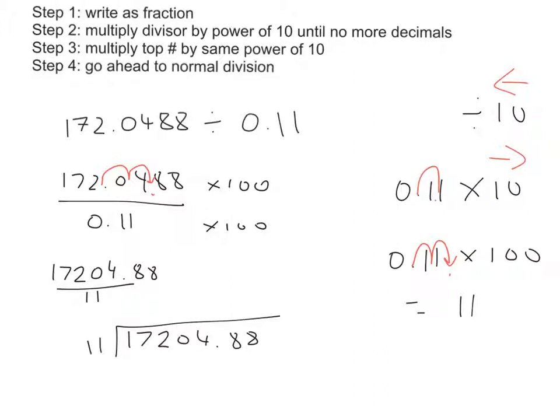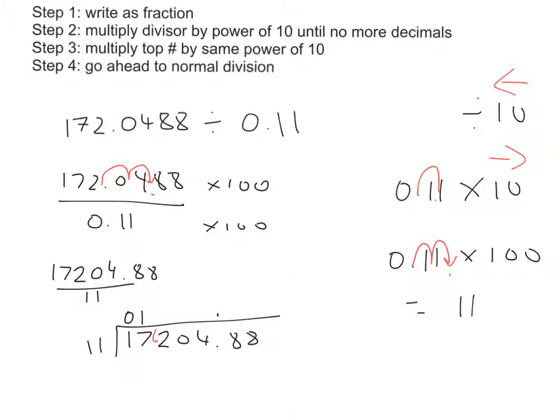So now I'm not going to forget to put the decimal point above the decimal point, and now we go ahead with normal division. So we ask, how many times does 11 go into 1? It doesn't. How many times does, put a 0 there, how many times does 11 go into 17? It goes into 17 once, with the remainder of 6.